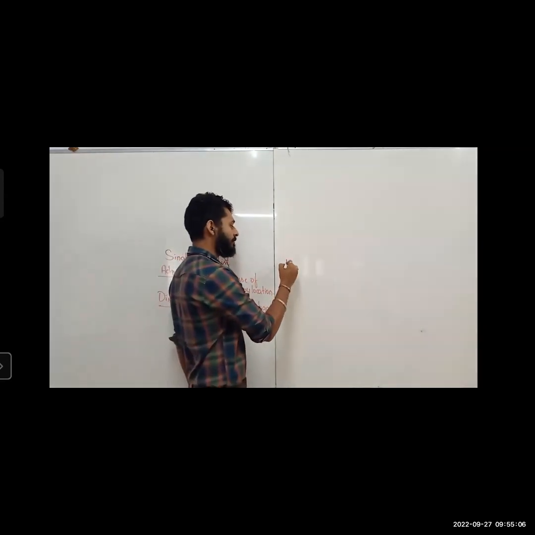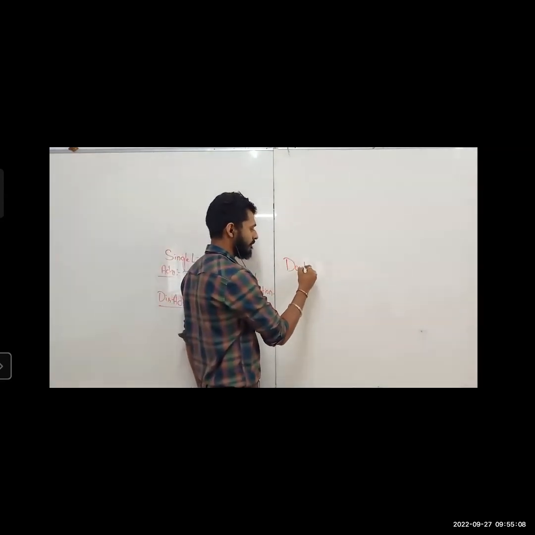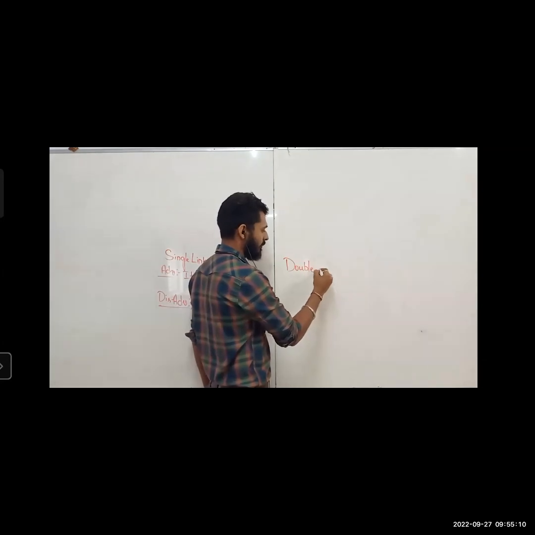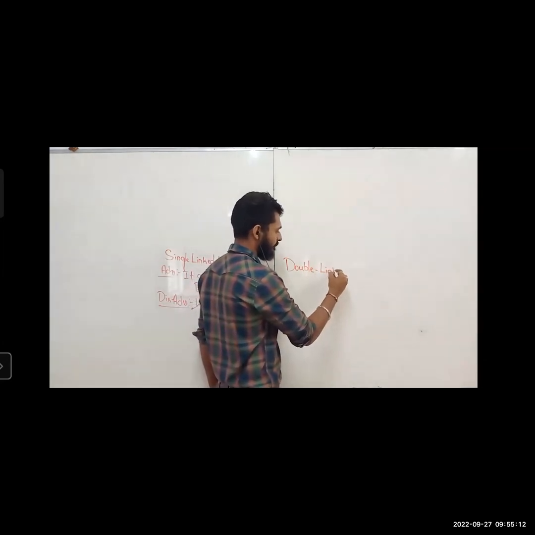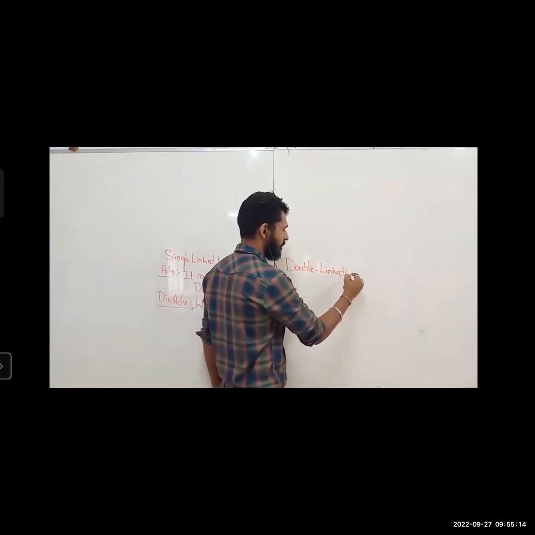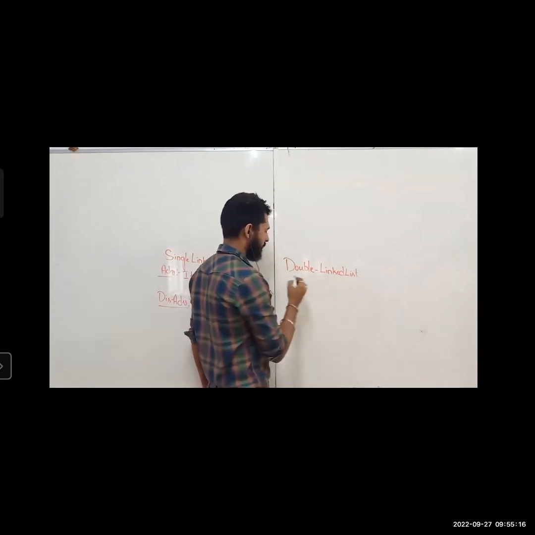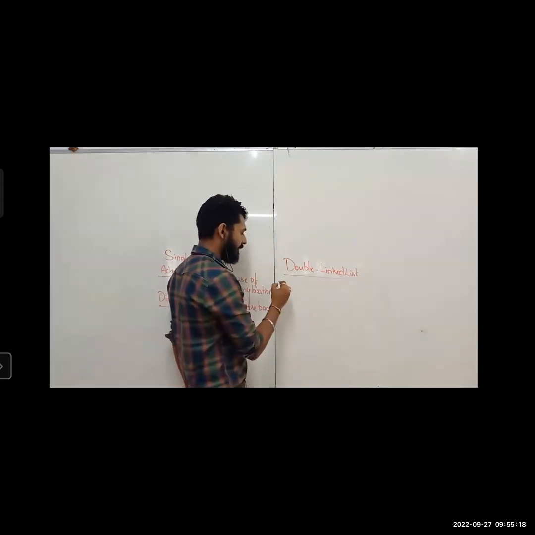So to overcome this disadvantage of singly linked list, there is one more concept called double, or doubly, linked list. What are the advantages of this?